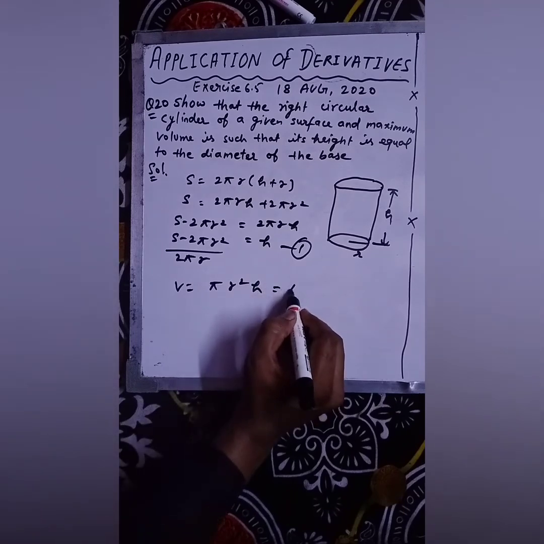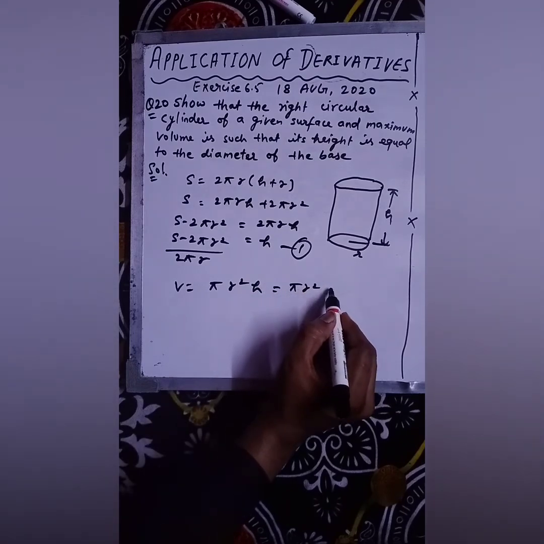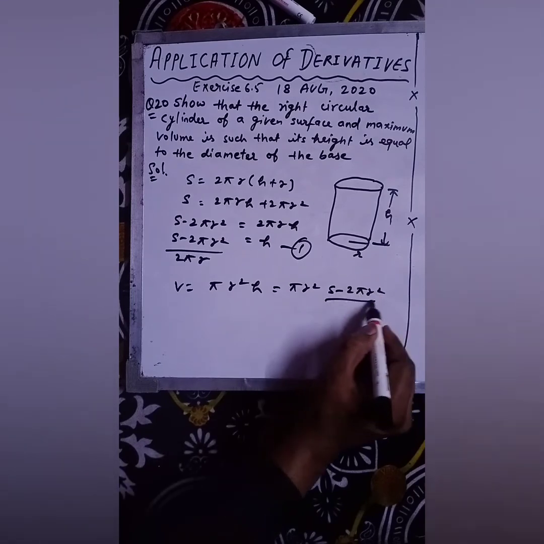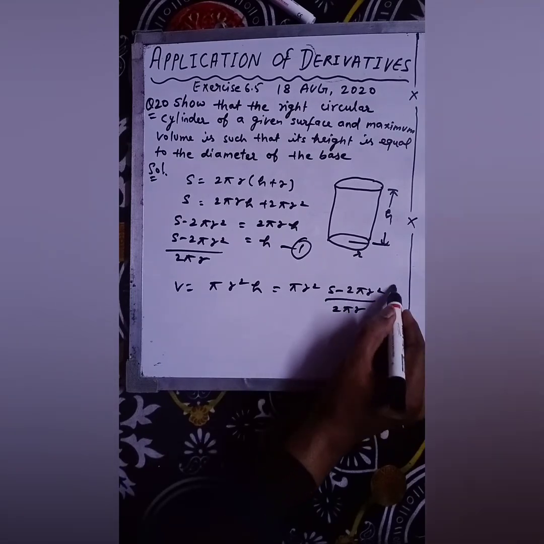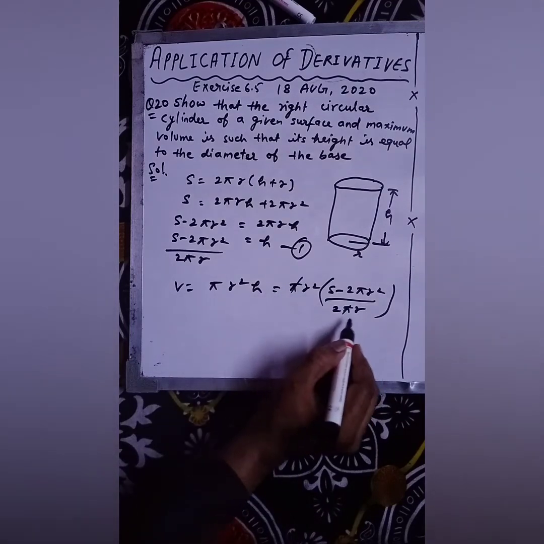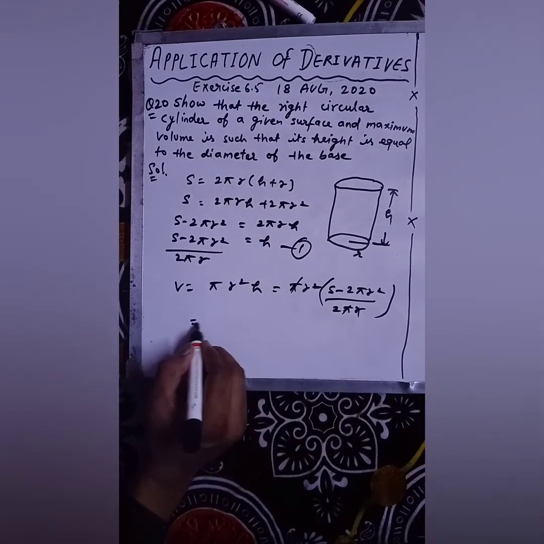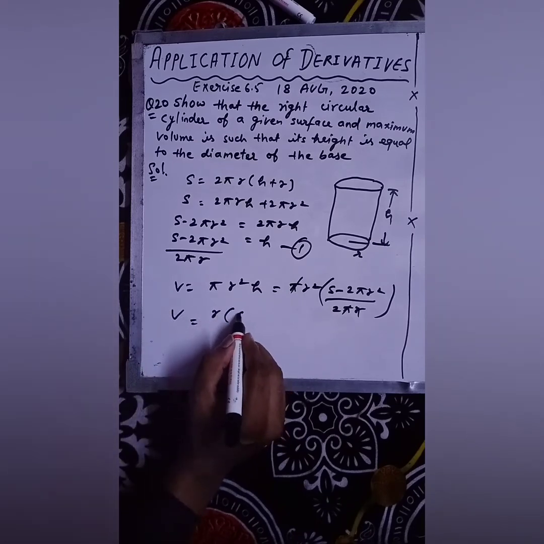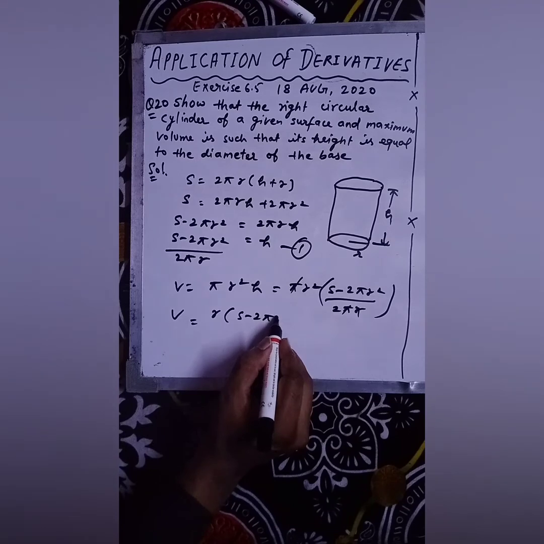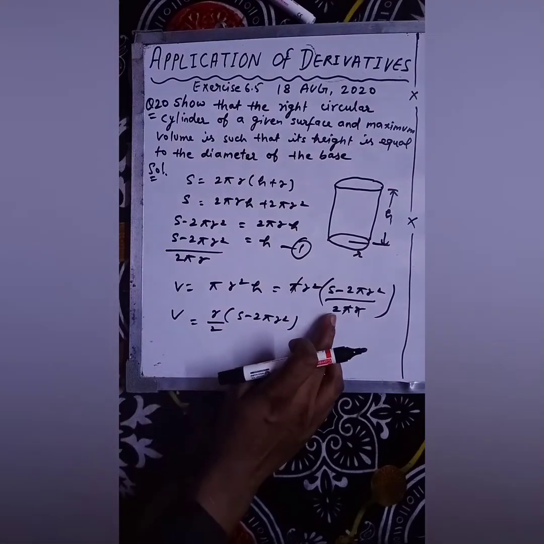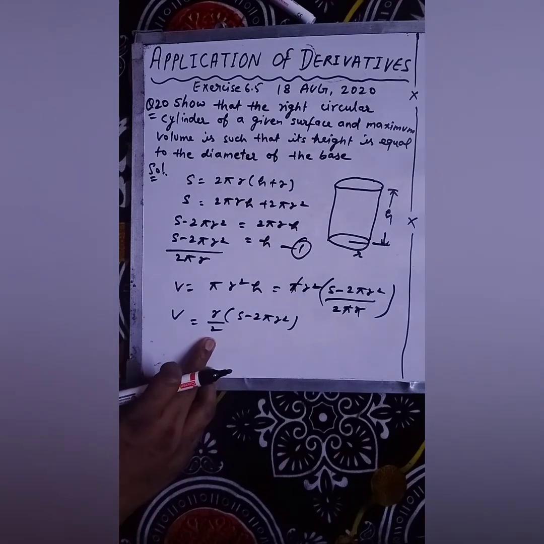So you will get pi r square times (S minus 2 pi r square) over 2 pi r. Pi and pi cancel out, r and r cancel out. After solving, you will get (S minus 2 pi r square) upon 2, with this 2 written outside.